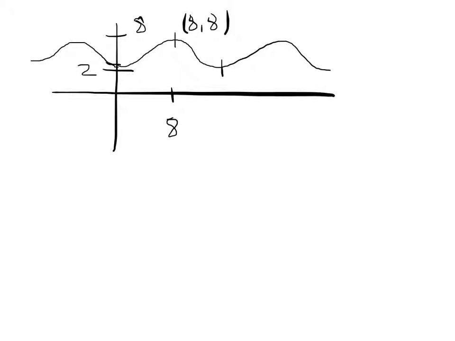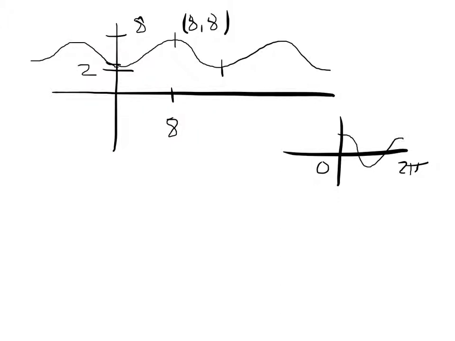A couple ways I can see it. If I were to slide this graph over here and put a maximum here on the y-axis, my basic cosine curve, we remember, looks something like this. From 0 to 2 pi, I get one period. If I were to slide this given curve over here, I would have taken my cosine graph originally and slid it this way.